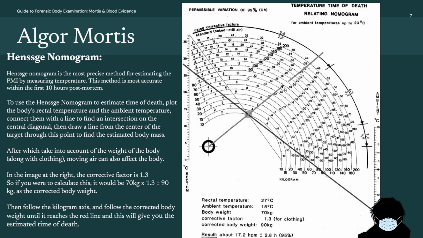And then as it hits the point which also hits the 90 kilogram body weight, this would be an important reference point on the kilogram axis. And this will give you the estimated time of death.